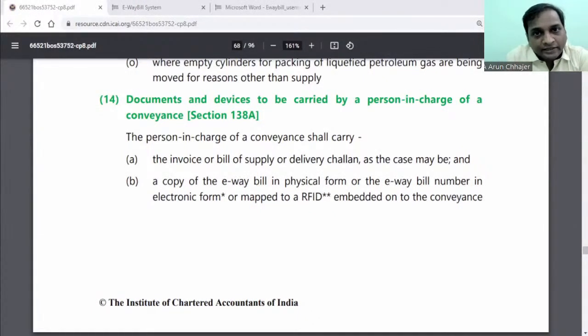Then no requirement of e-way bill for that. De-oiled cake is a byproduct of petroleum products. For that they are saying yes, we need to make the e-way bill. They are not relaxing. Weighbridge means dharam kanta, for the weighment.